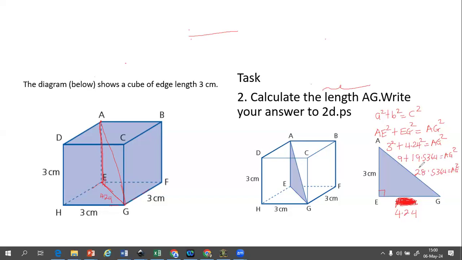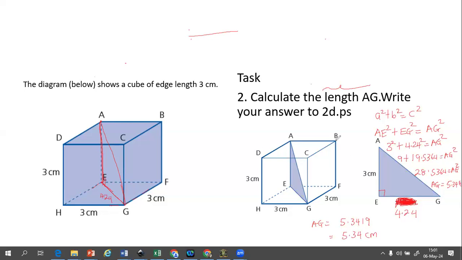And then you get your square root, and when I get the square root of AG, I'm getting 5.3419. And when I round off to 2 decimal places, I'll remain with 5.34 centimeters.